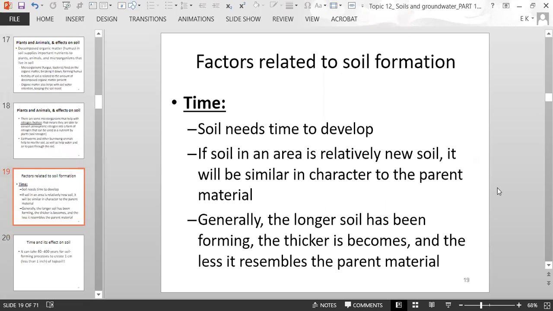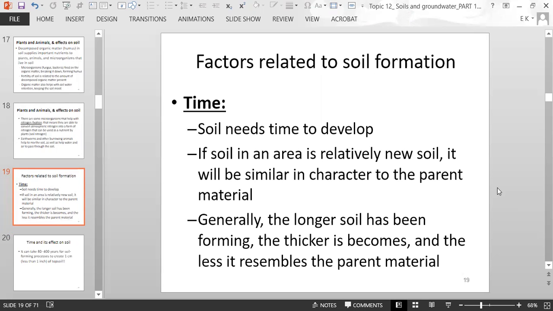And then another factor related to soil formation is time. Soil needs time to develop. If soil in an area is relatively new soil, it will be similar in character to the parent material. So if it's a new soil, it'll be more like the original bedrock that it came from, for example.